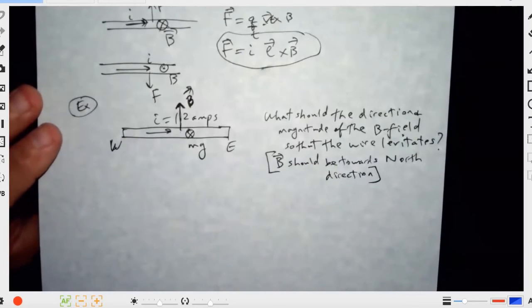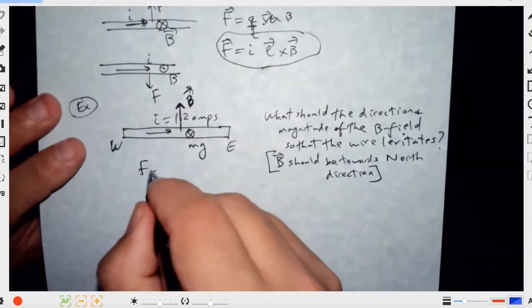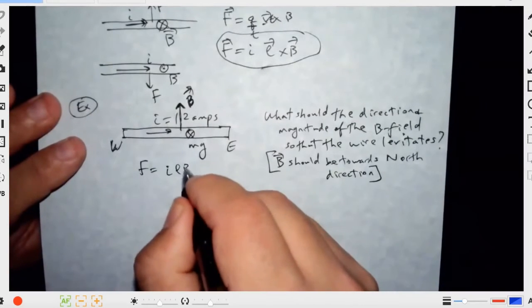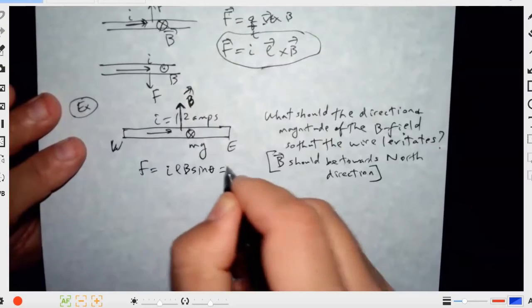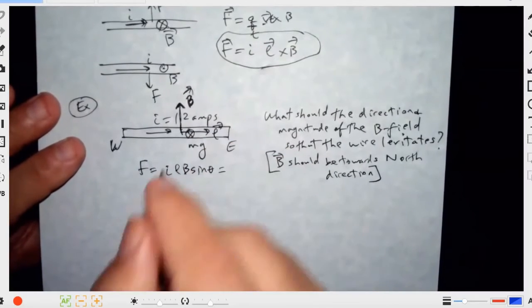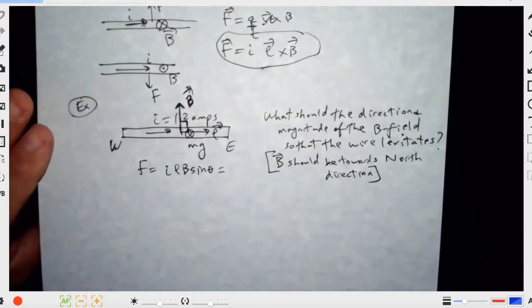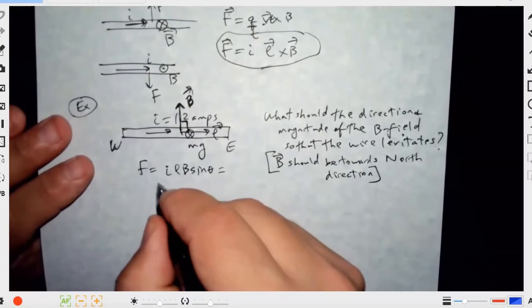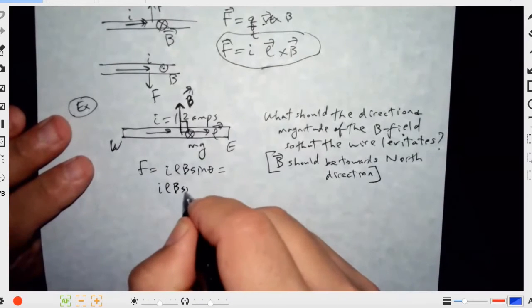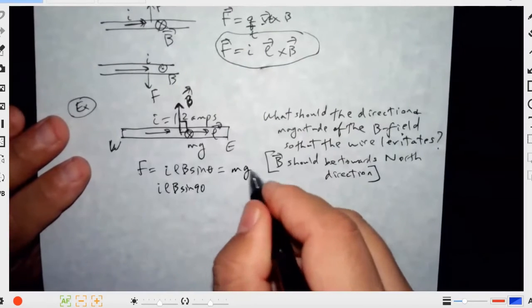Now what should its magnitude be? I could say F equals I L B sine of theta. This is going to be the L vector, and this is the angle, so it's just 90 degrees. So I L B sine of 90 should equal mg.